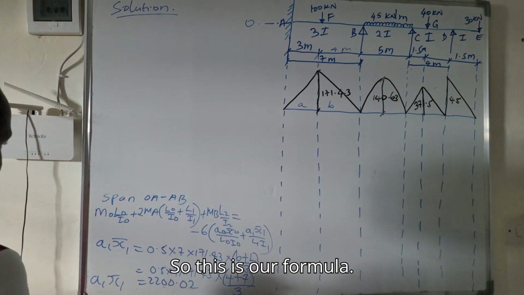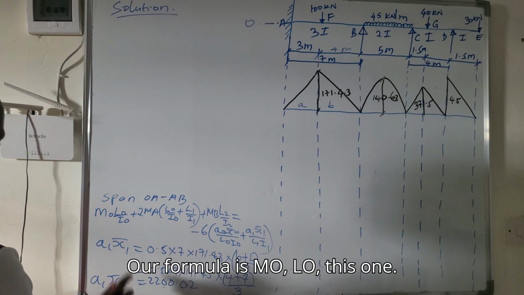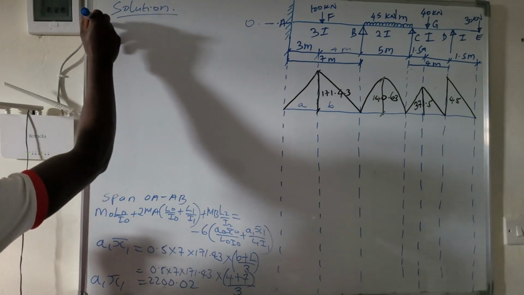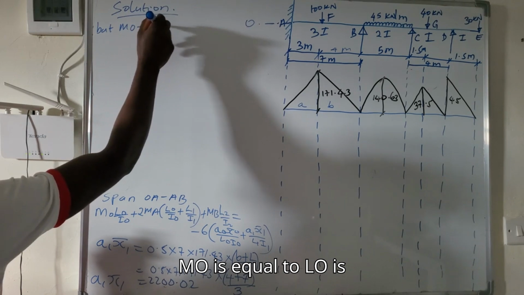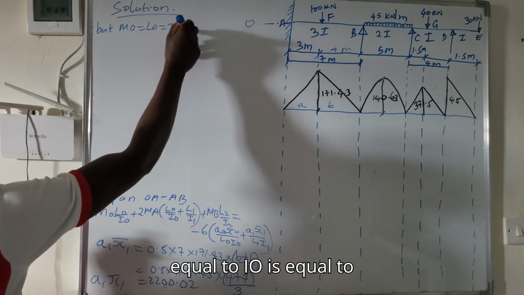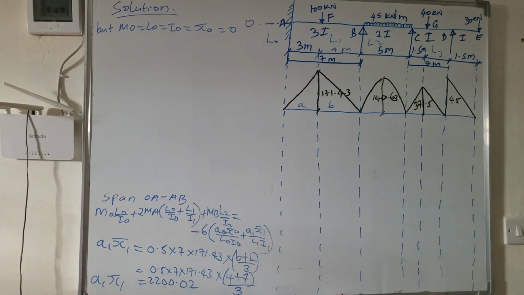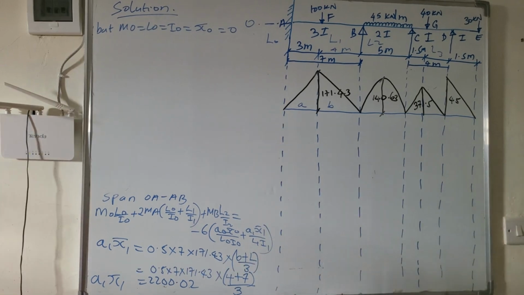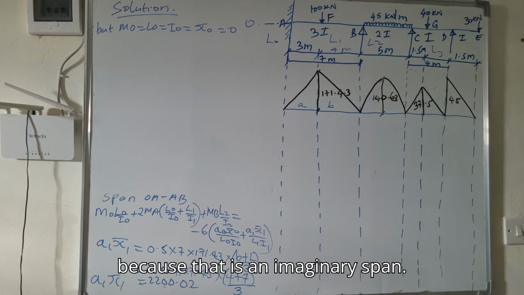So this is our formula. Our formula is MOLO, this one. MO is equal to LO is equal to IO is equal to X bar 0 is equal to 0, because that is an imaginary span.